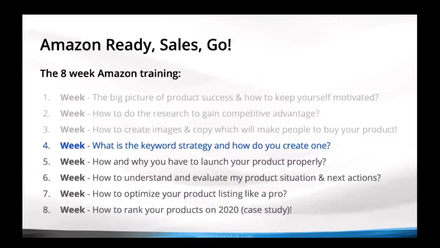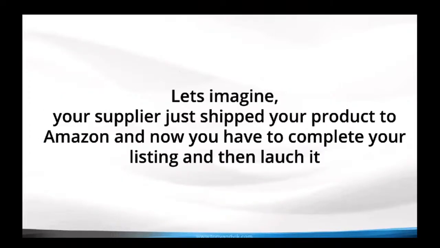Let's speak about this keyword strategy. Let's imagine your supplier just shipped your products to Amazon, and now you have to complete your listing and then launch it. Let's set the context here. Your product is ready. Now you need to do the market research and the perfect product blueprint.